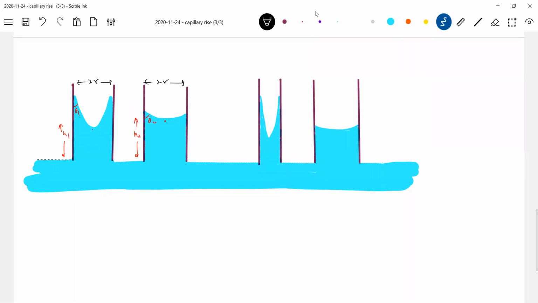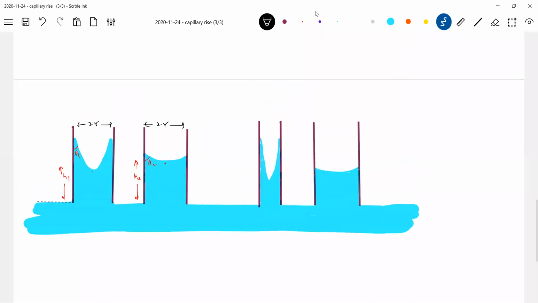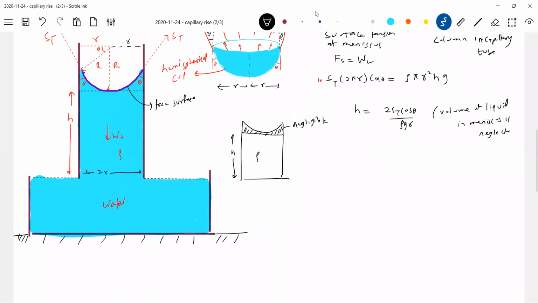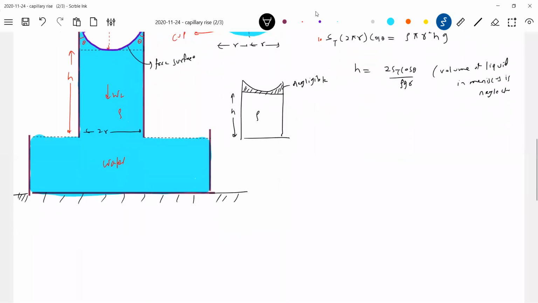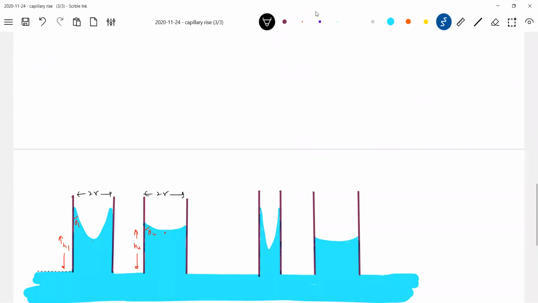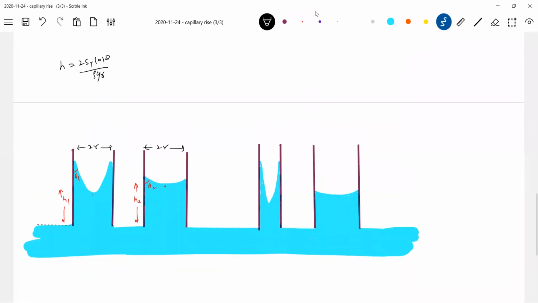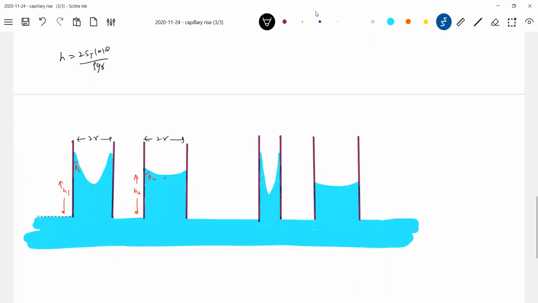Angle of contact. So then, what is the formula? H equal to 2T cos theta by rho g r. I'll write the formula here. Okay, let's assume that somehow the angle of contact is varied here.